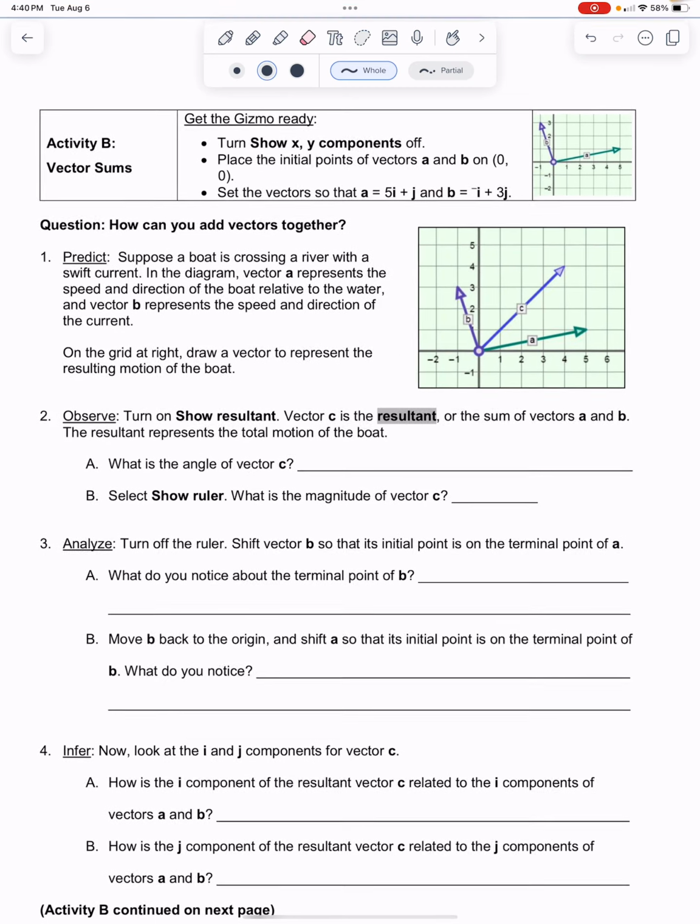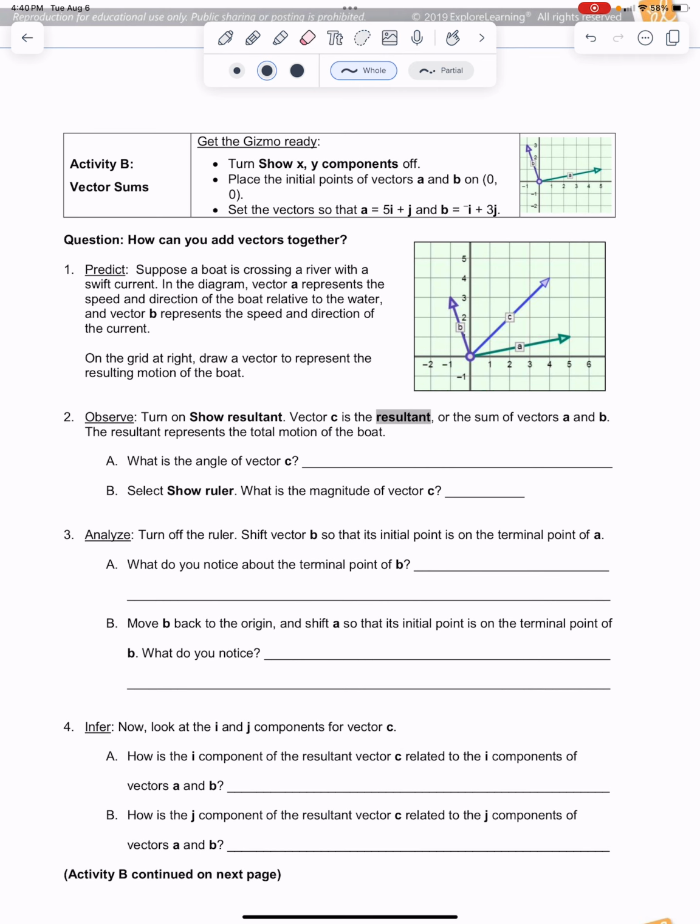Question says, now, on the grid to the right, draw a vector that represents the resultant motion of the boat. So it says, suppose a boat is crossing a river with a swift current. In the diagram, vector A represents the speed and direction of the boat. So this is the direction the boat's headed. But then relative to the water, the water has a current that's going in this direction.